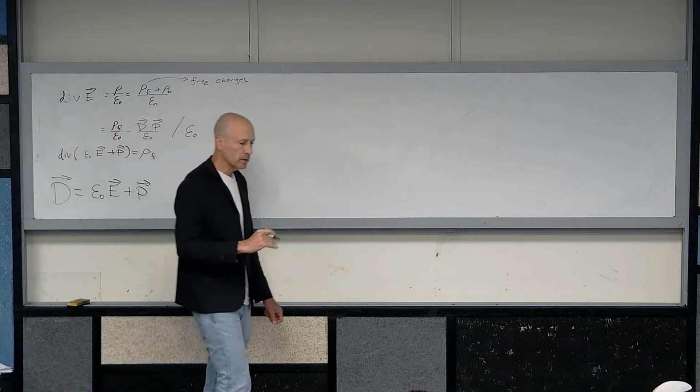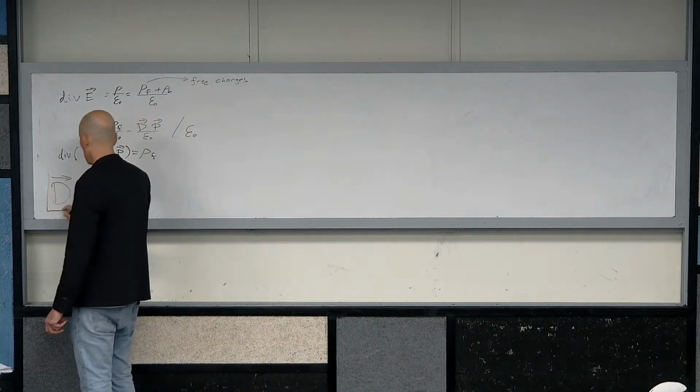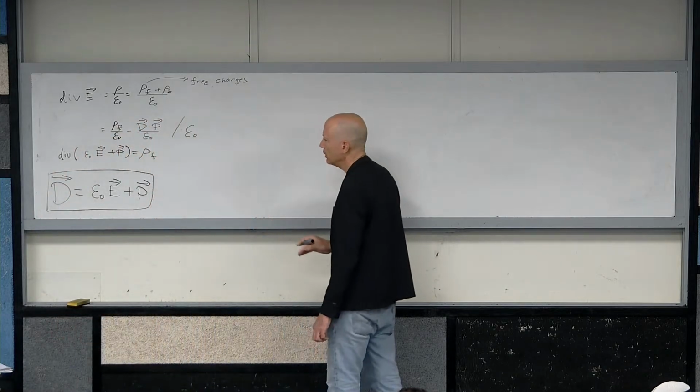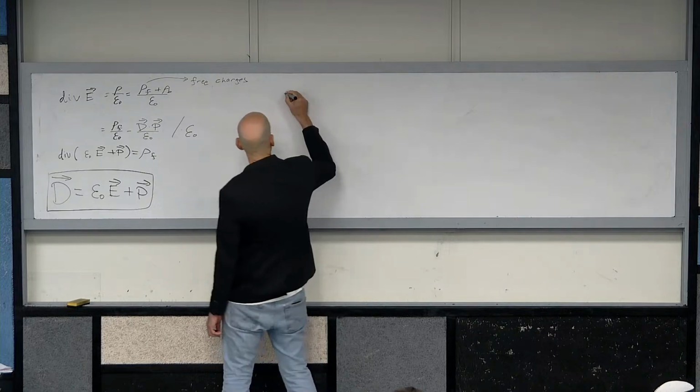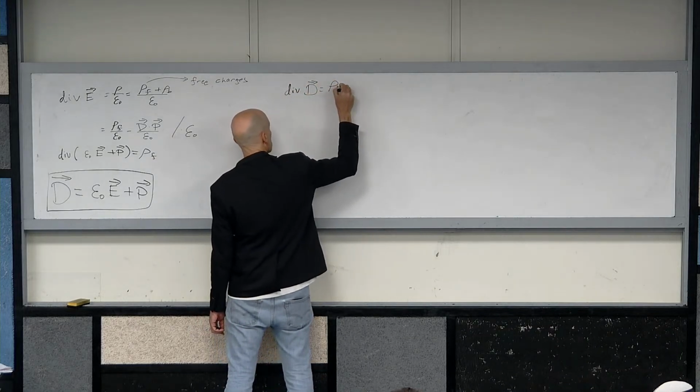One is the electric field and one is the polarization field. And this is a definition. This is just what I'm going to call D. And there's no approximation here. And what you see here is that div D is equal to rho F.